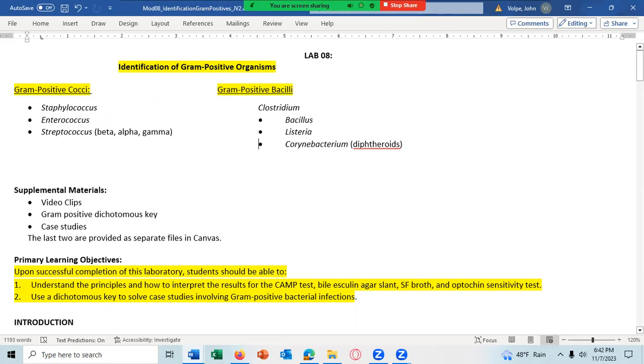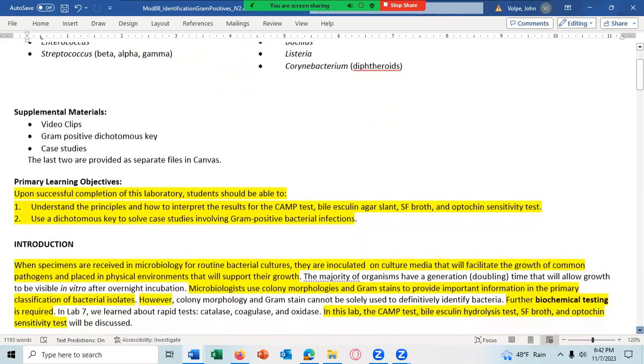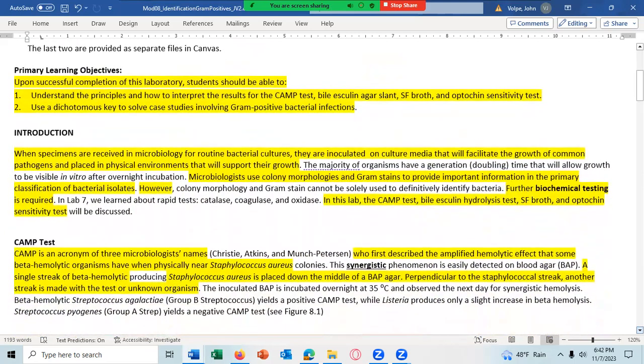All right, the learning objectives for this lab are: 1, understand the principles and how to interpret the results for the CAMP test, the bile esculin agar test, the SF broth test, and the optochin sensitivity test. And 2, be able to use a dichotomous key to solve case studies involving gram-positive bacterial infections.